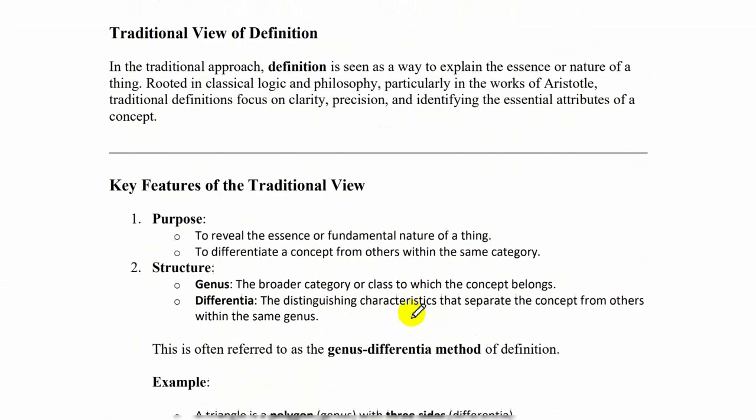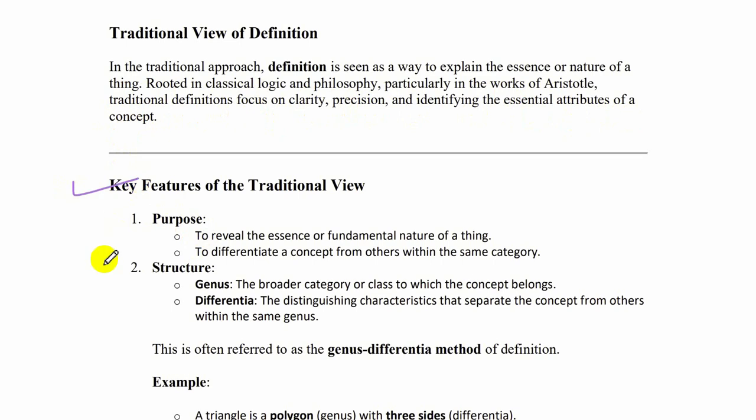Alright, now let's look at the traditional view of definition. In the traditional approach, definition is seen as a way to explain the essence or nature of a thing. Rooted in classical logic and philosophy, particularly in the works of Aristotle, traditional definitions focus on clarity, precision, and identifying the essential attributes of a concept.